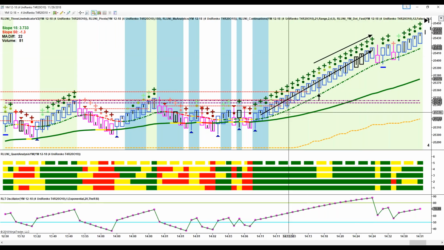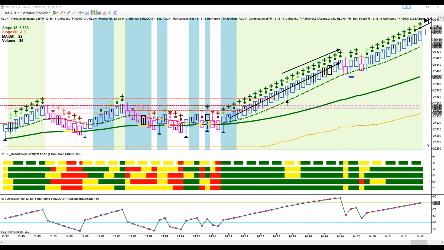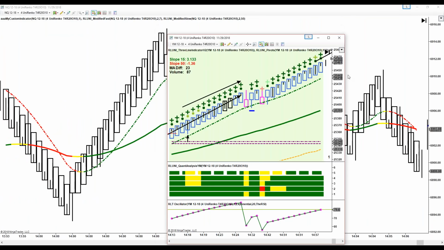Only 3 times, here, here, and here, they really give you an opportunity to get in. This is where the bears moved in and tried to turn the market. So these were great entries, all winners on the YM. I'll show you on a different market.